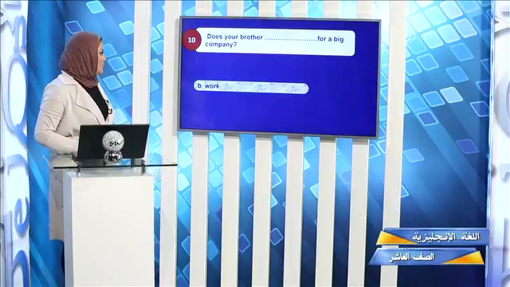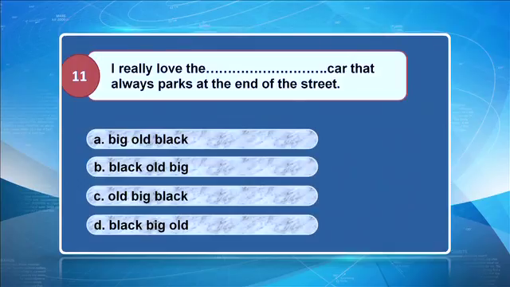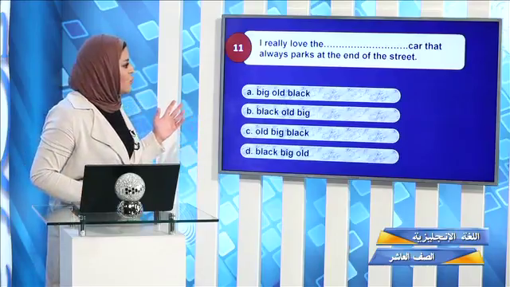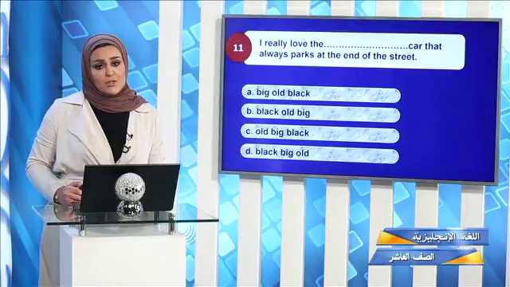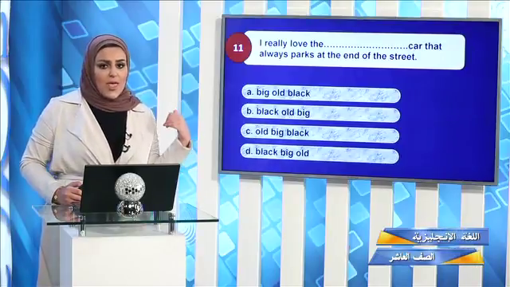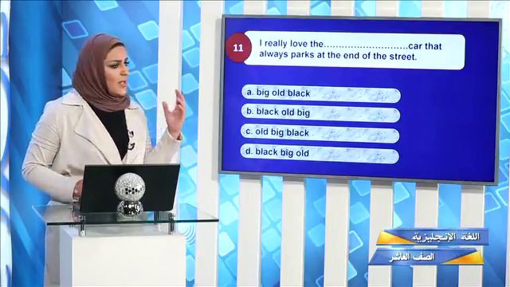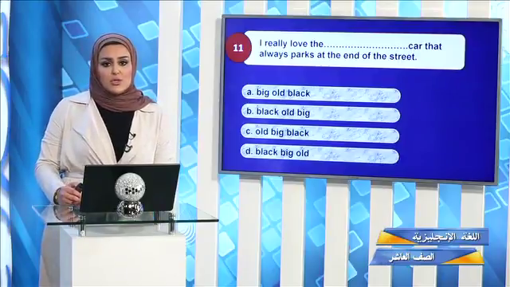Excellent. The next one. I really love the car that always parks at the end of the street. Well, here it depends on your memorization and studying. If you remember, you have in the first unit the grammatical rule, the order of the adjectives. So you should memorize the order, and then you will easily be able to answer this question.